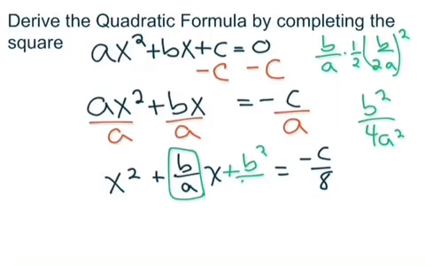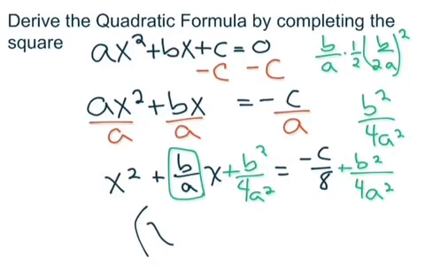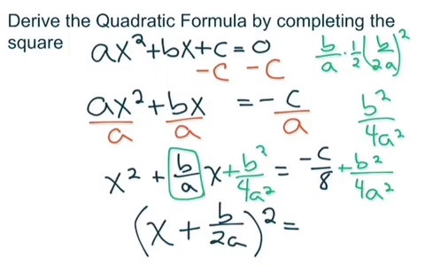Now we're going to factor this side, which is going to be x plus b over 2a. Remember, we always take the thing that we squared, and that's going to go inside our factoring. Squared equals, oops, I made a mistake here. That should have been an a, not an 8. Sounds similar in my brain.